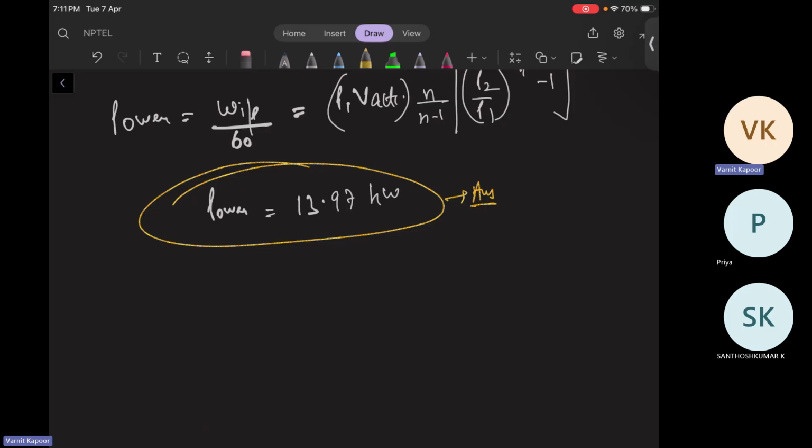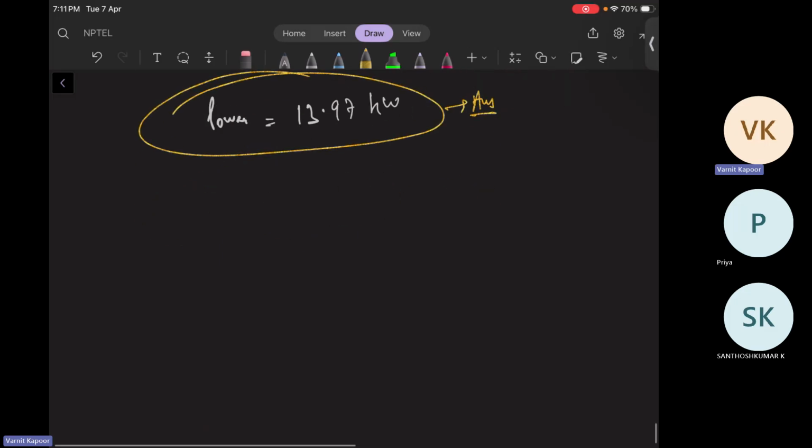Now in this, for a compressor, let us draw an actual indicator diagram also. As we have seen in the IC engines, we have actual pressure versus volume plot compared to the theoretical one. So similarly, same scenario will be here. Actual indicator diagram.